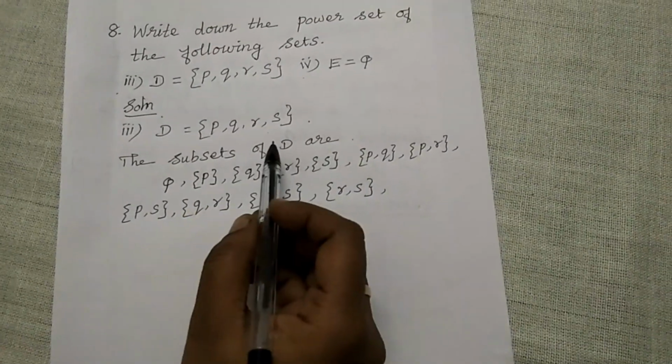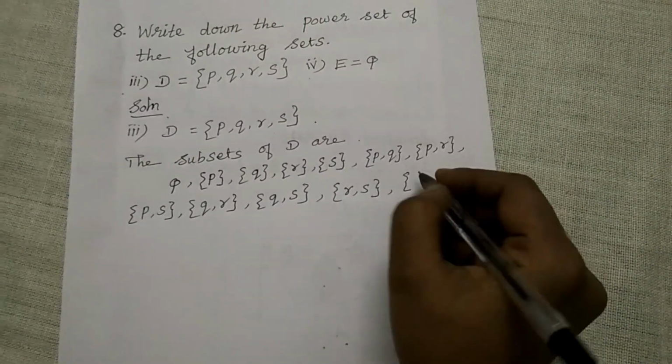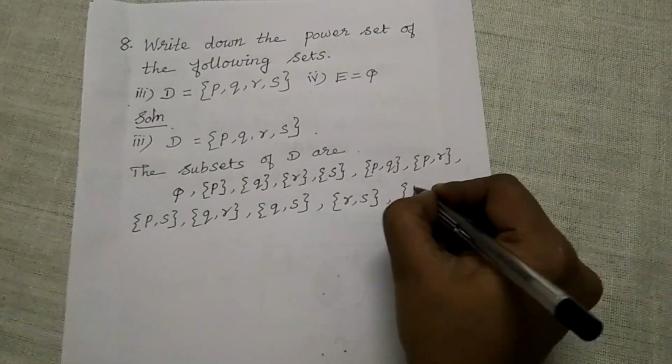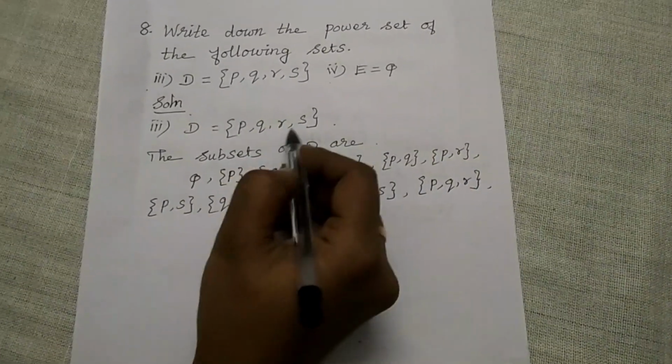Then three elements. Together we have to take. 3 elements are, then set of P, Q, R. Okay.